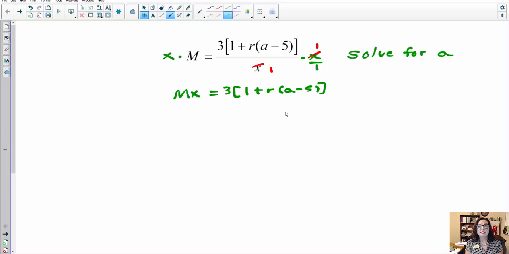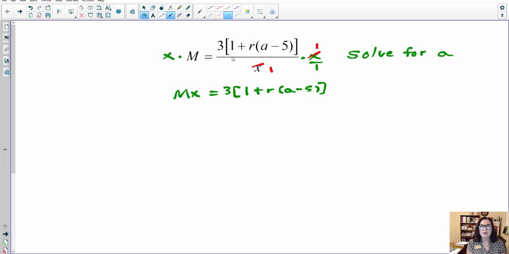Okay. I have a couple of different things I can do here. I could distribute my r, I could distribute my 3, all that is fine, but I'm looking again outside in. I know that's counterintuitive with the order of operations, but as long as we are applying processes correctly, we're okay to do that. This 3 is multiplying this whole business. So to undo multiplication, the inverse operation of multiplication is division.